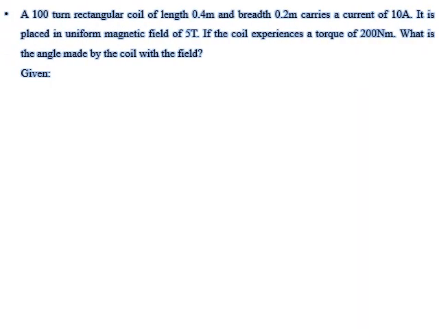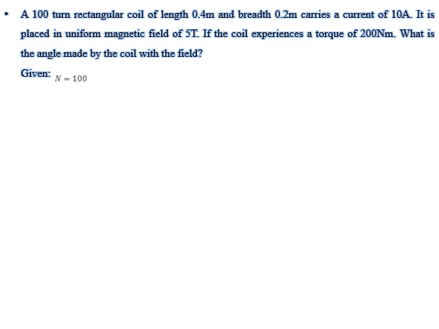Next question. A 100 turn rectangular coil of length 0.4 meter and breadth 0.2 meter carries a current of 10 ampere. It is placed in a uniform magnetic field of 5 Tesla. If the coil experiences a torque of 200 Newton meter, what is the angle made by the coil with the field?